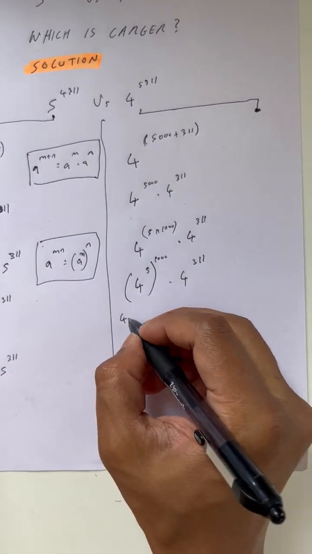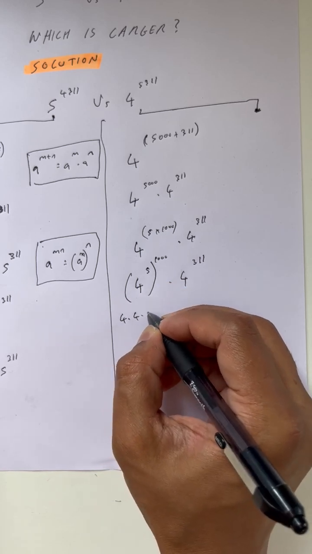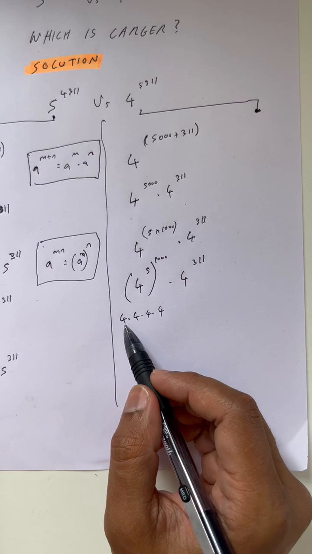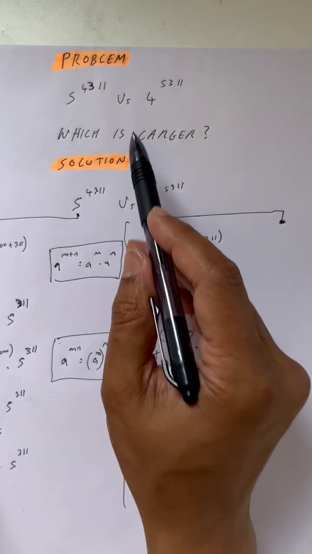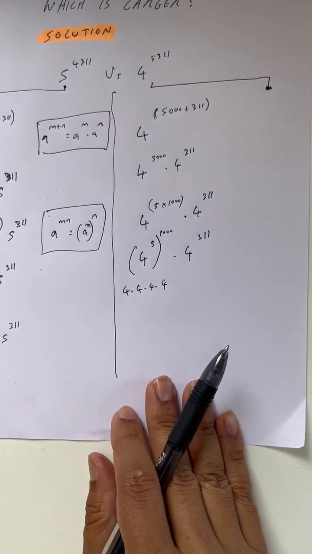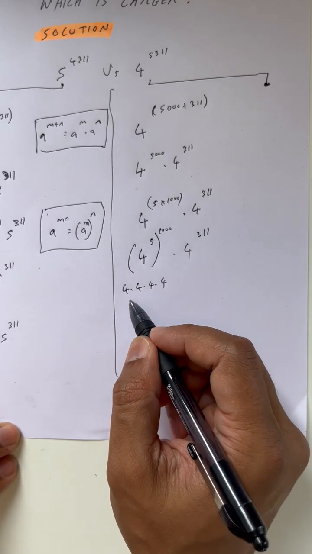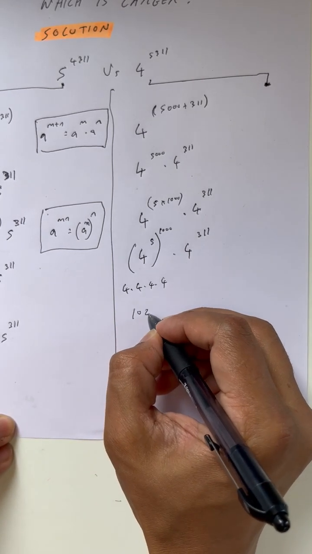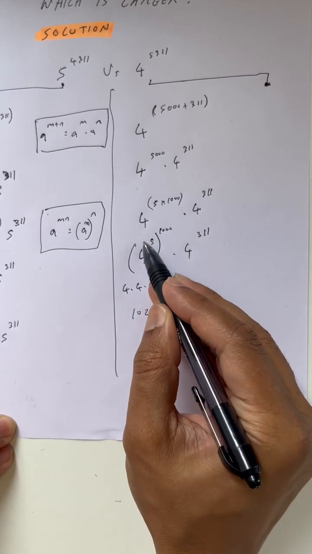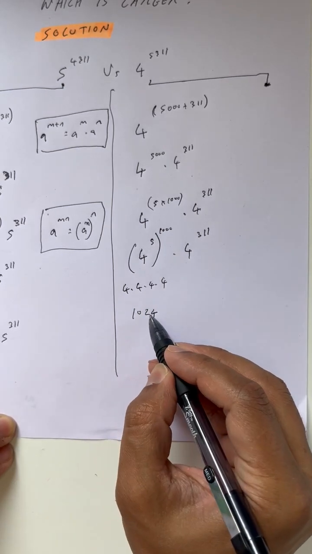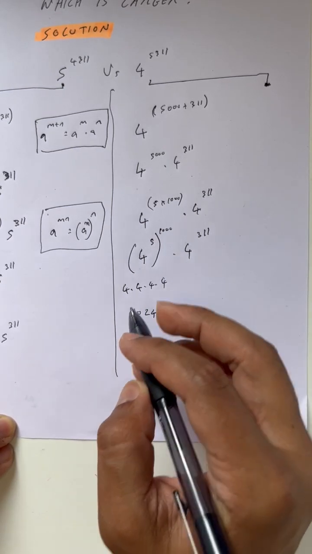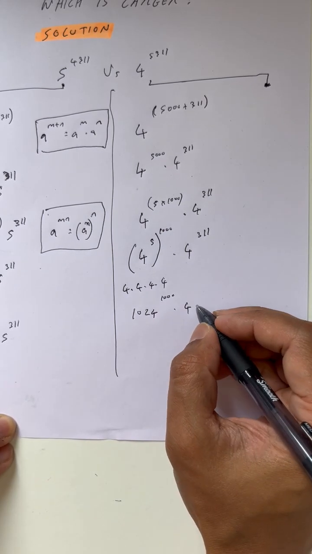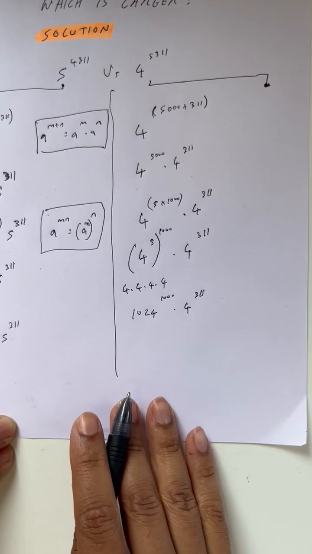So 4 to the power of 5 is 4 times 4 times 4 times 4 times 4. This is a very simple multiplication compared to this number, which is 4 times 4 times 4 times 4 times 4, 1024. So the number in this bracket is 1024. So we can re-express this now as 1024 to the power of 1,000 times 4 to the power of 311.